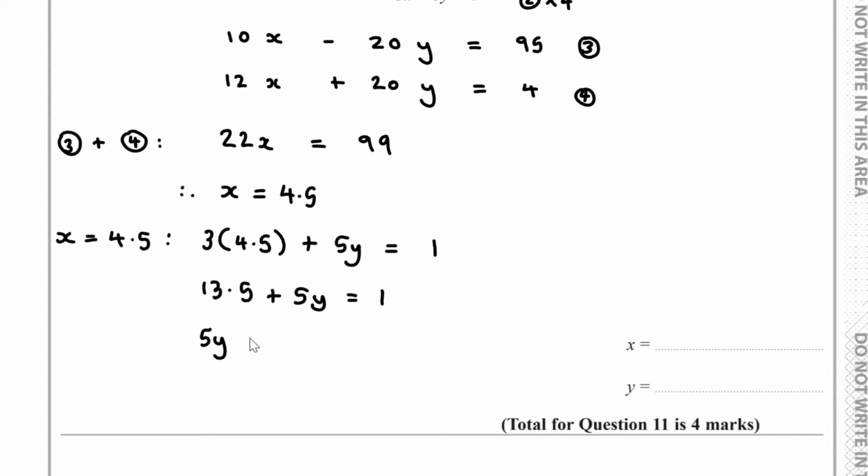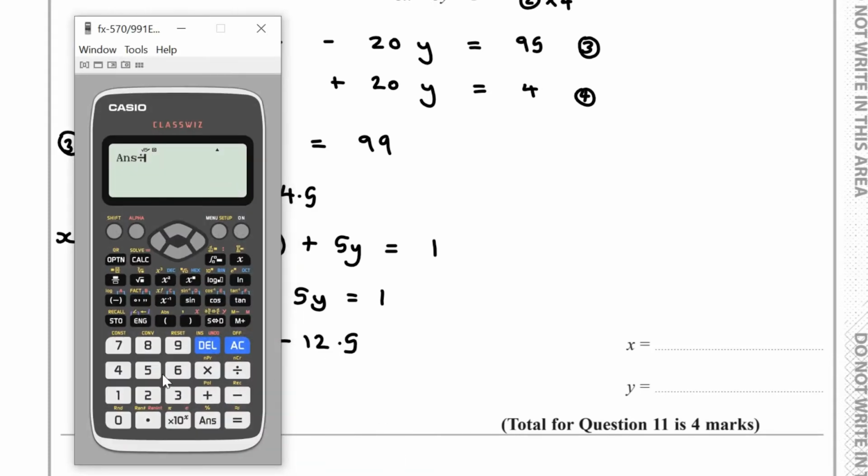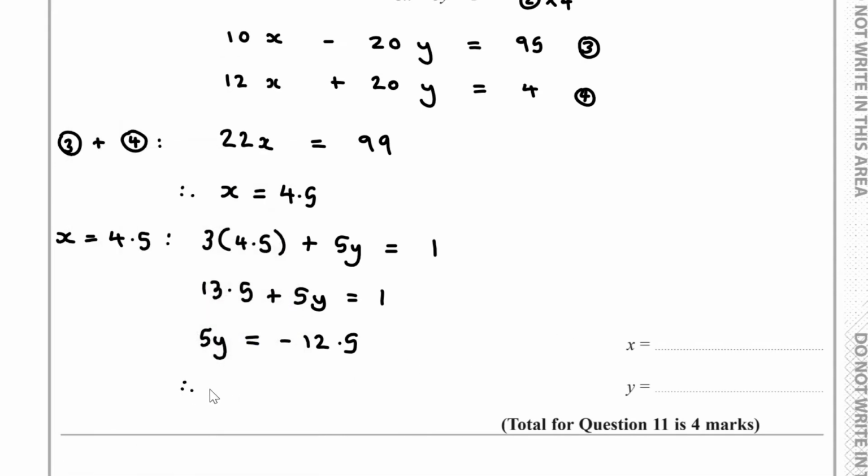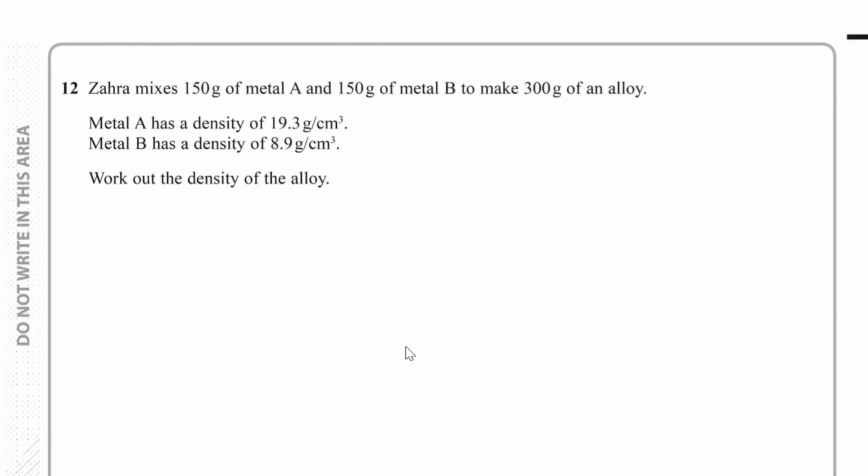So 5y is equal to minus 12.5, and if I divide through by 5, we get minus 2.5. So therefore y is equal to minus 2.5. So we've got x equals 4.5 and y equals minus 2.5.